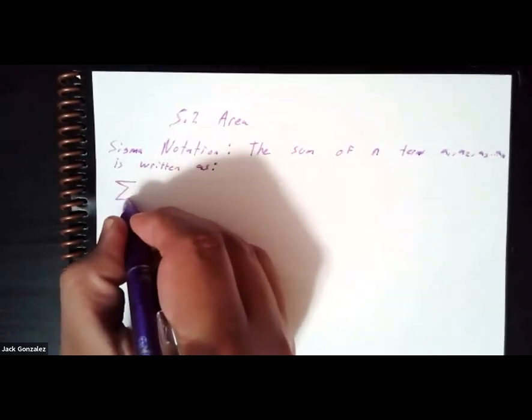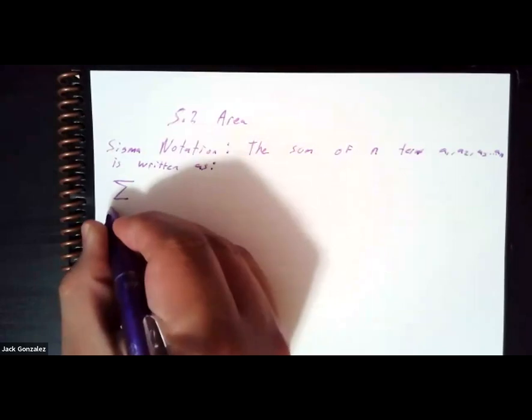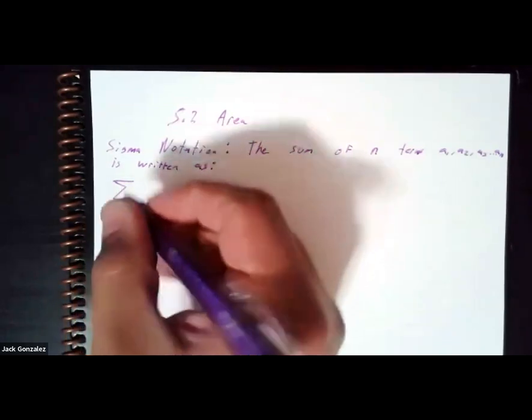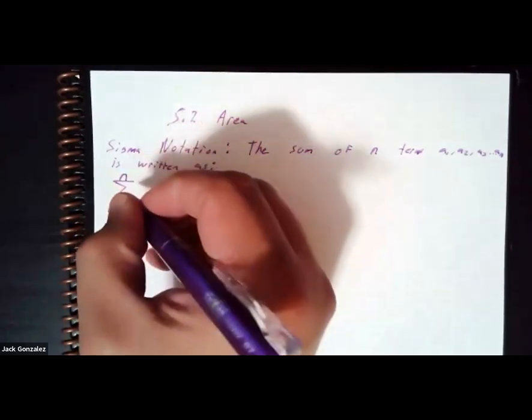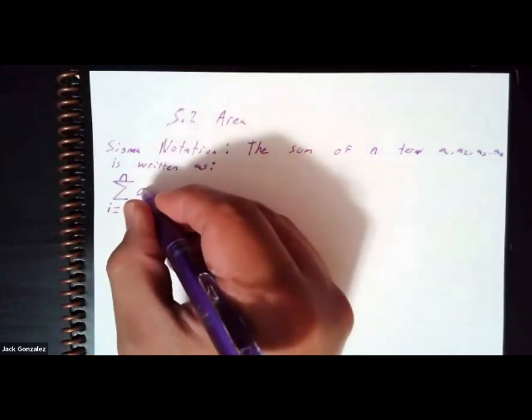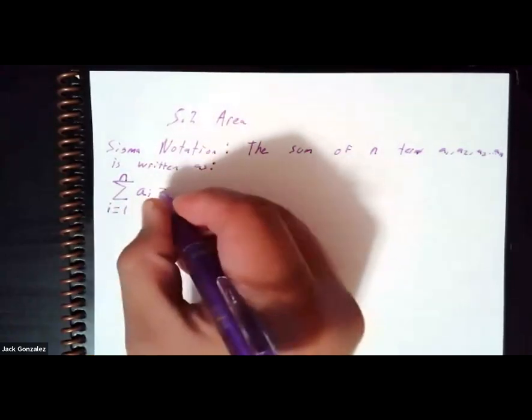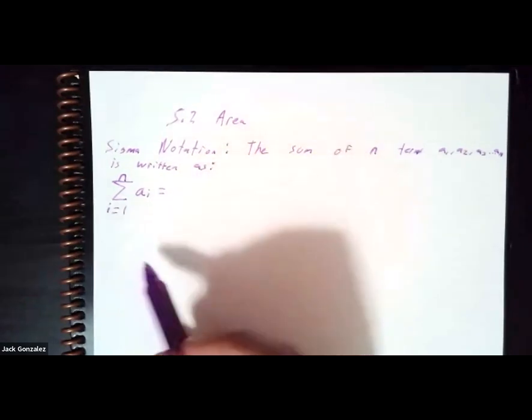So the sum as i equals 1 all the way until n of A sub i. So this is the notation, right?